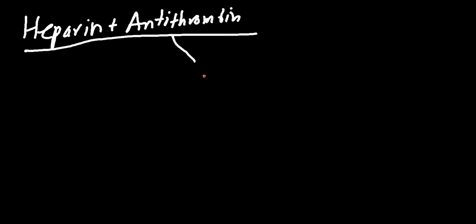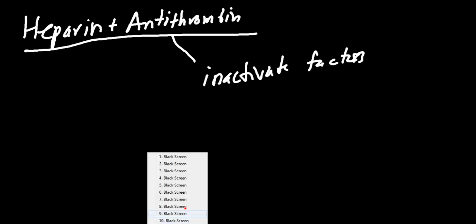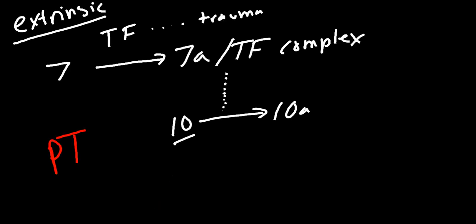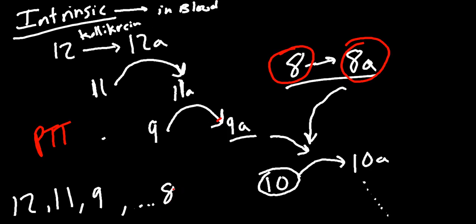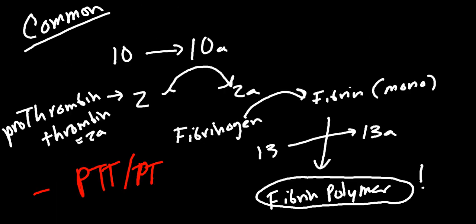Antithrombin is going to inactivate factors. Let's take a look at its name first. Antithrombin. Let me see if I can find the common pathway. There it is. Remember I said factor 2 was called thrombin?